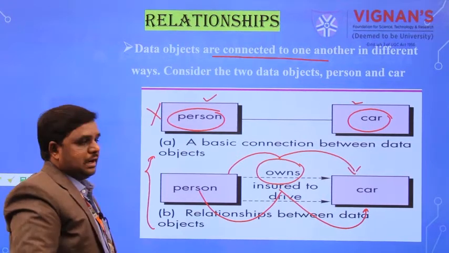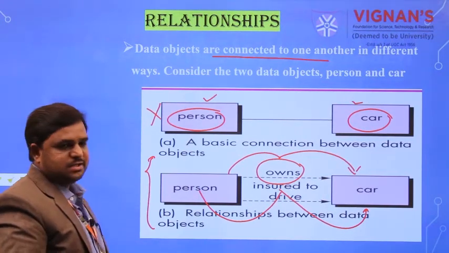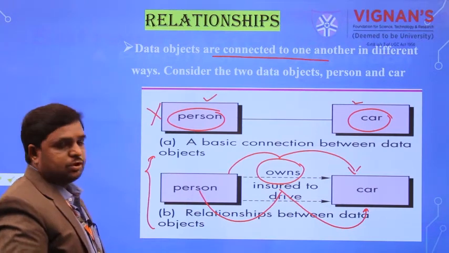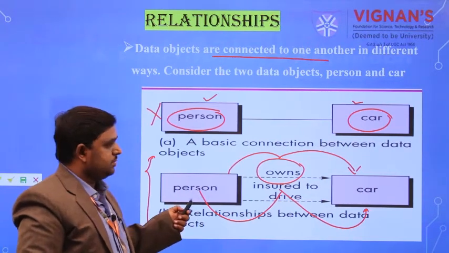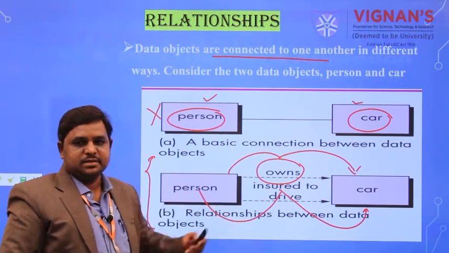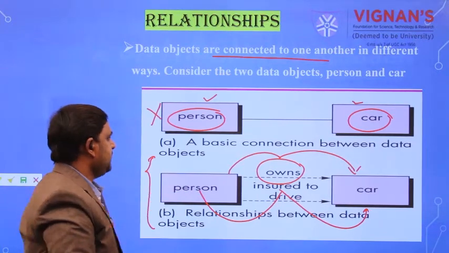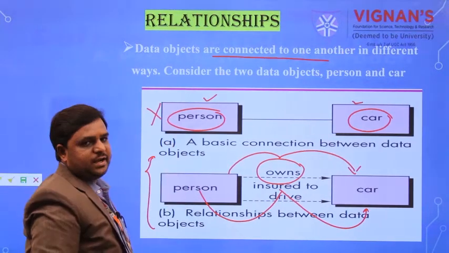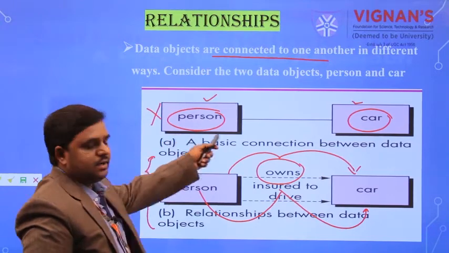Here, relationship means there is a real connection between the data objects. In the first case, we are not defining any kind of relationship; only person and car are there.